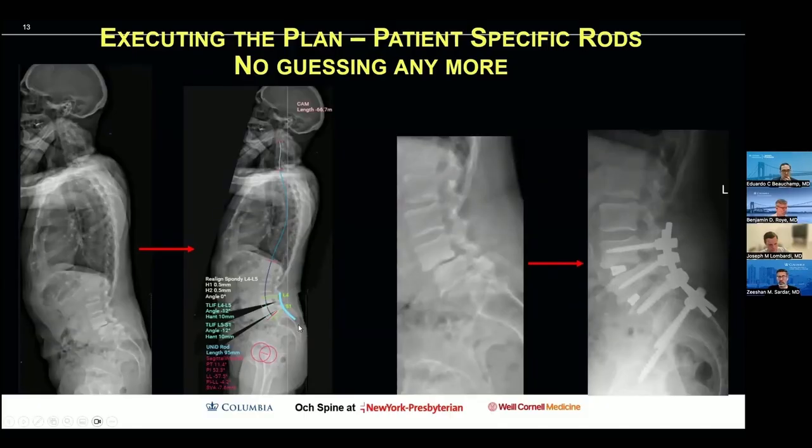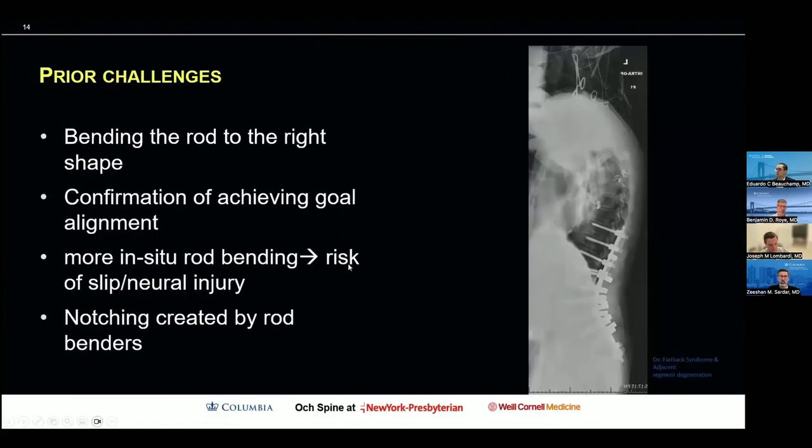These type of patients, we plan the alignment, and we plan the rod. And then using the planned rod, we can execute the plan that we had pretty close to how we designed this surgery to be. So this really adds that predictability now in our outcomes as far as radiographic and even patient-reported outcomes are concerned.